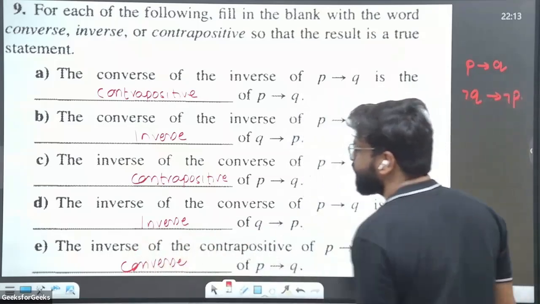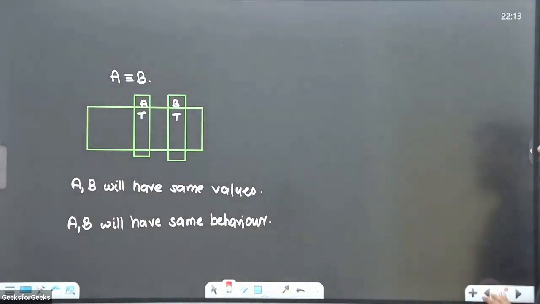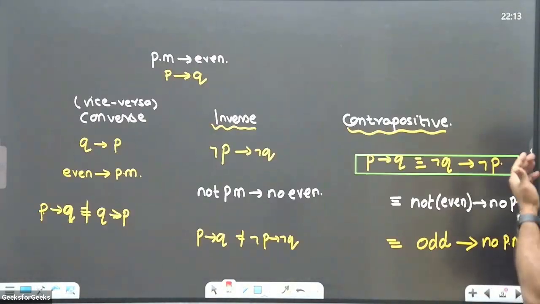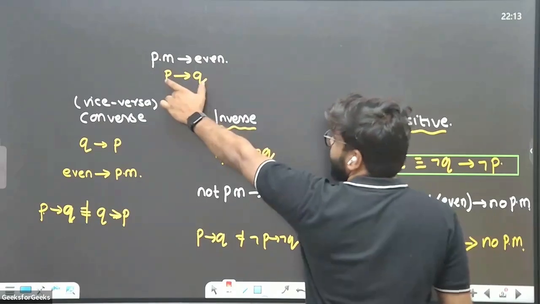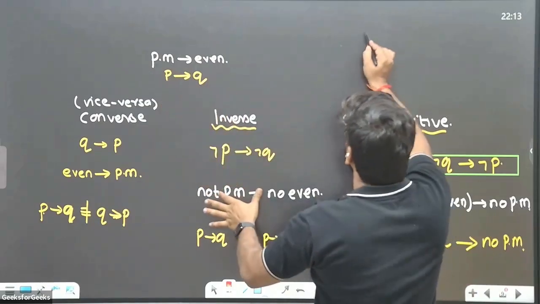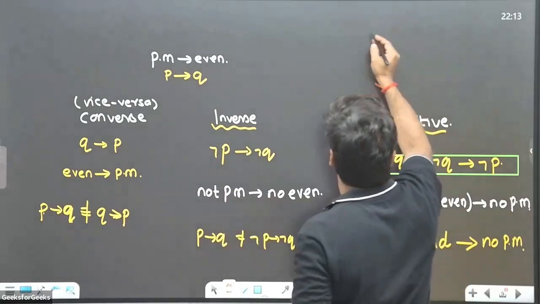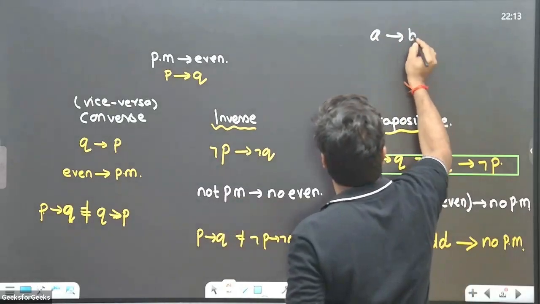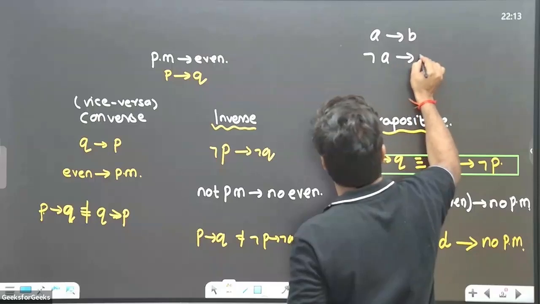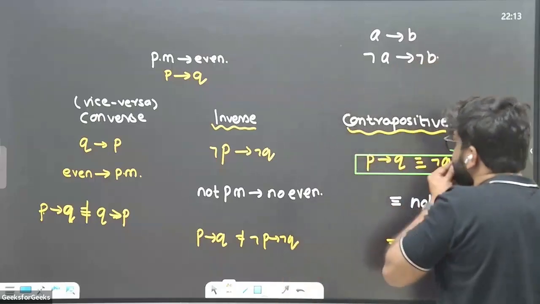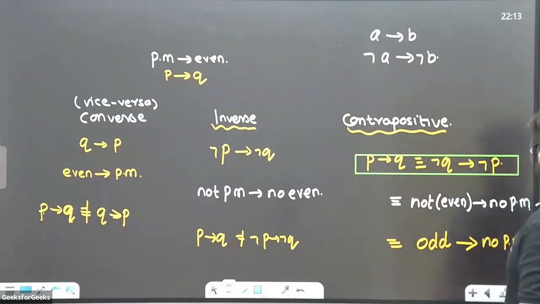Now it says to take an inverse of that. Inverse says that whatever has been written, take the negative of both. For example, if something is A implies B, then negation of A implies negation of B. This is called the inverse in simple terms.